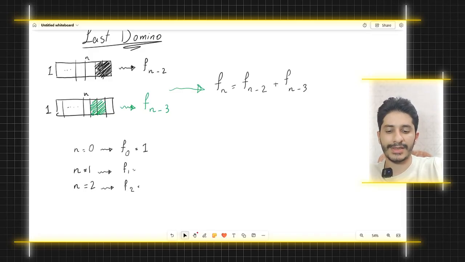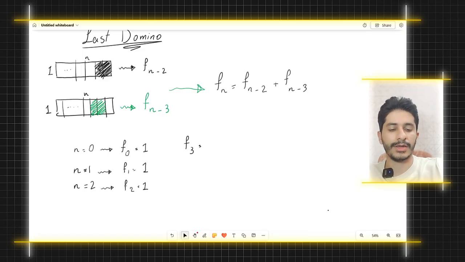This is exactly the same for n equal to 1, because we have a 1 by 1 tape, and again, we cannot put any dominoes. So the answer is again 1, and the only way is to not put any domino. And when n is 2, the answer is again 1, because you have 2 cells and you should put exactly 1 domino, because if you put no dominoes, the second condition is going to be violated.